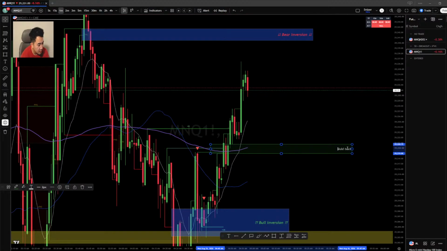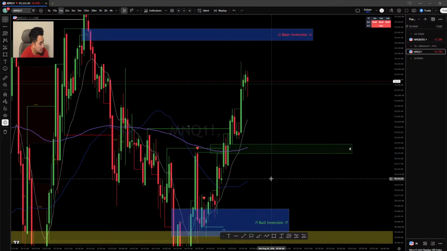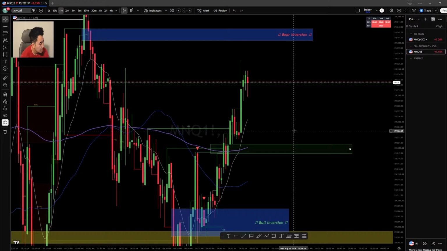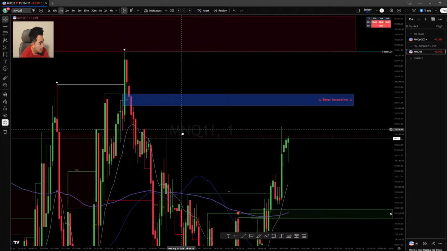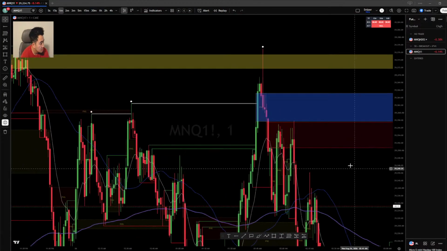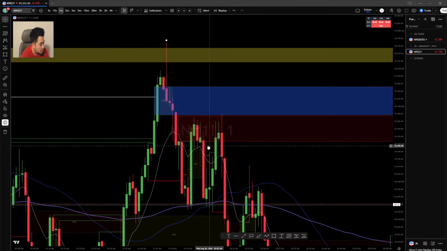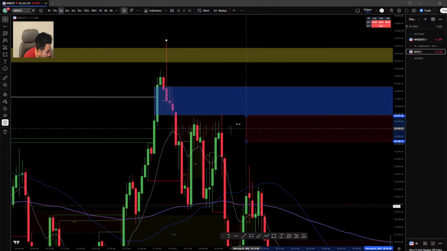This here is a 5 minute gap. This here, yeah, bearish gap here.